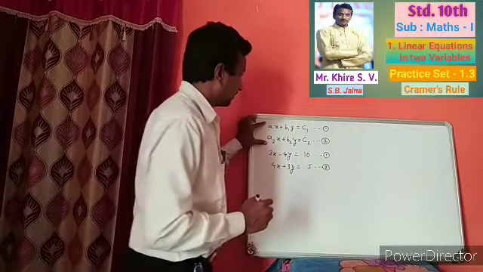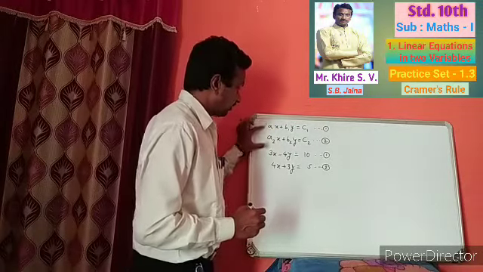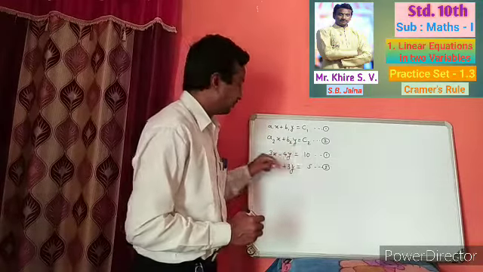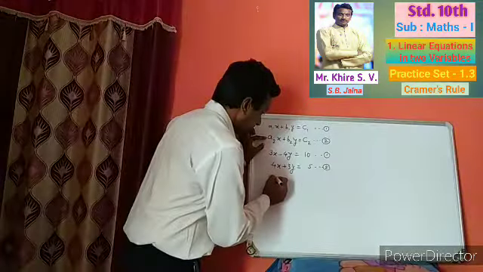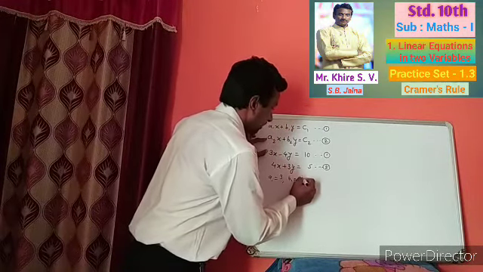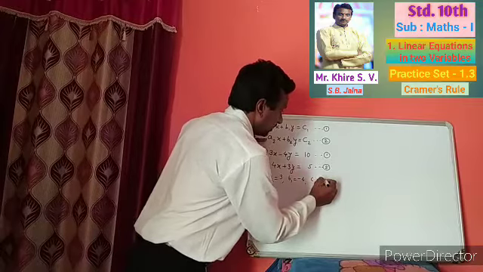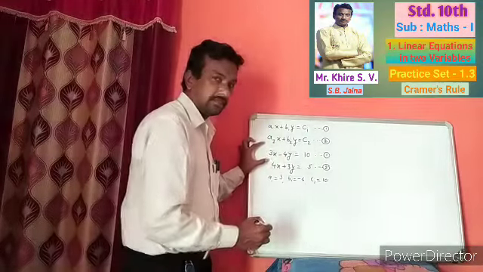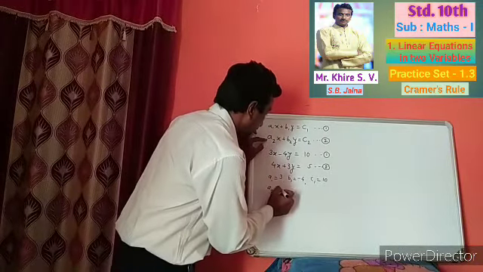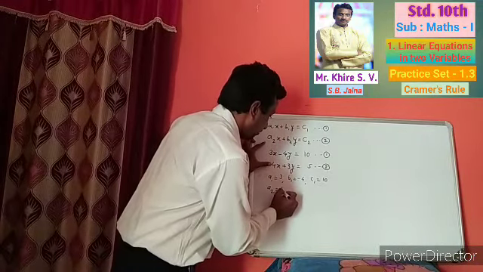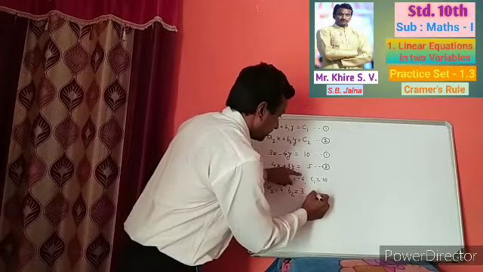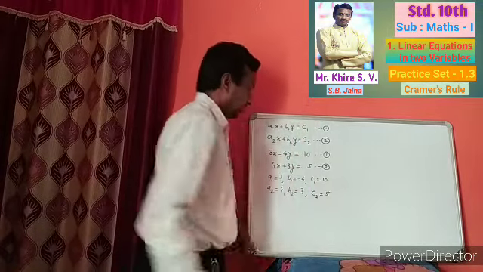Now from these two equations we can find out the values of a1, a2, b1, b2 and c1, c2. Value of a1 is 3, b1 is minus 4 and c1 is 10. Similarly, from the second equation, a2 is equal to 4, b2 is equal to 3 and c2 is equal to minus 5.